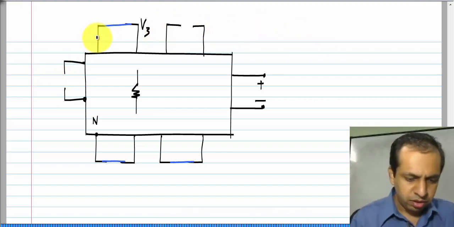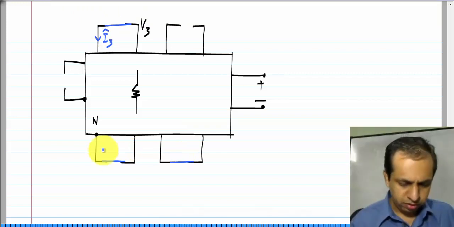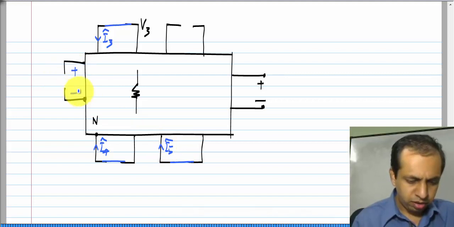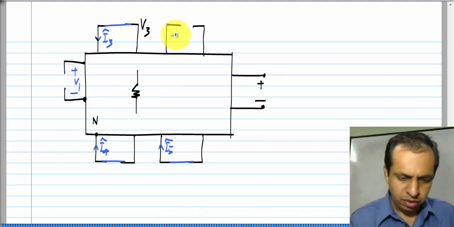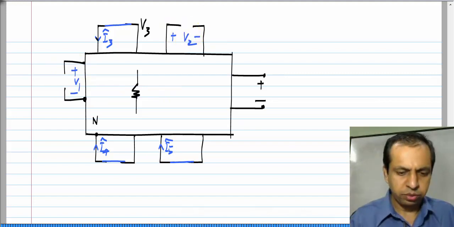Okay. Let me define this is I3 hat, I4 hat, I5 hat and this is V1 and this is V2.